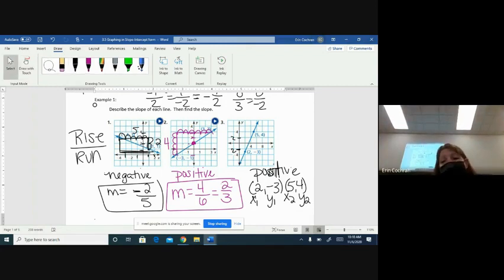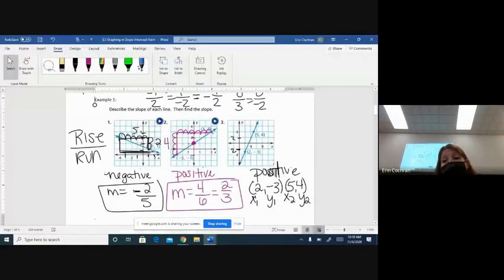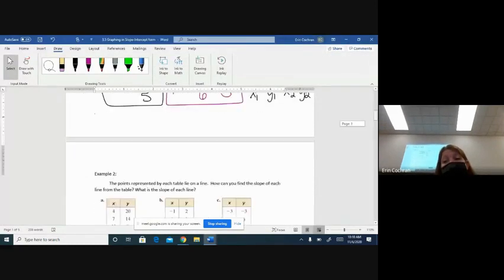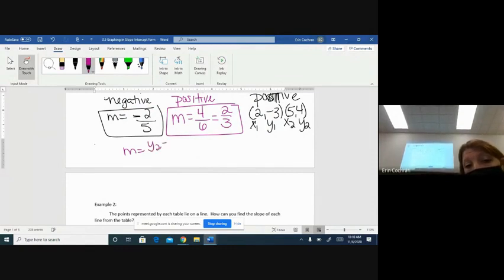Now let's plug it into our formula. And remember, it's the change in Y. And what does the change in Y mean? I'm going to subtract the Y values, right? So it's Y2 minus Y1 over X2 minus X1. I always put what I plug in parentheses so we don't lose negative signs.